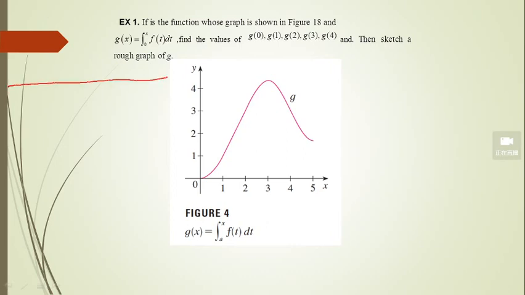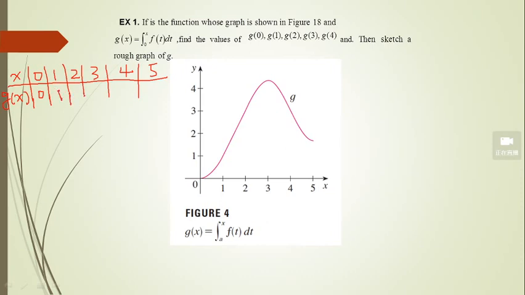So here we have some x values: 0, 1, 2, 3, 4, 5. And what are all those g(x) values? When x is 0, this is 0 because that's a definite integral from 0 to 0. When x is 1, that is the triangle's area, which is 1.